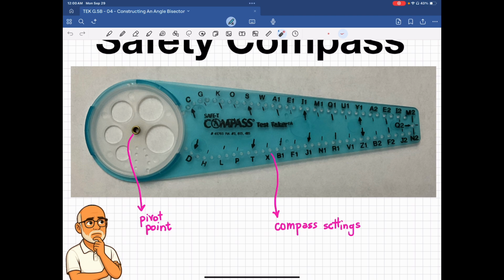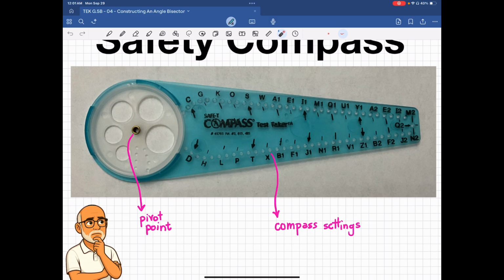Then we will place another pencil into the holes that we have here, and we will rotate the blue part up, or rotate it down to create arc marks, or we could even create an entire circle.